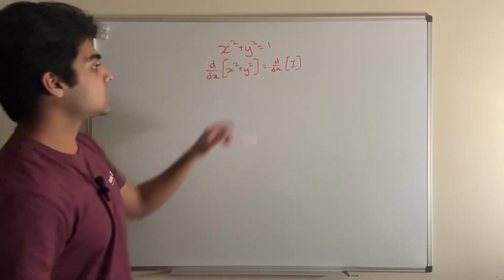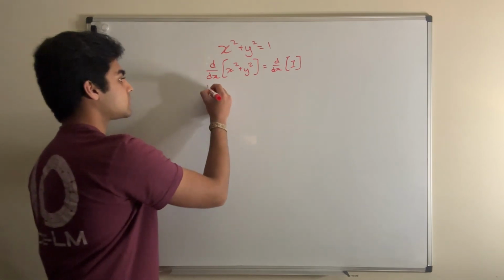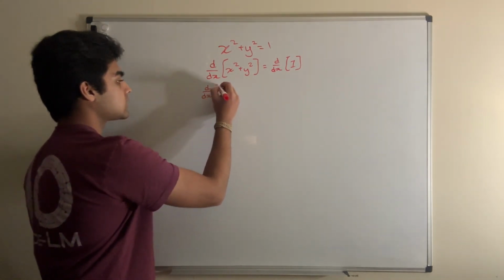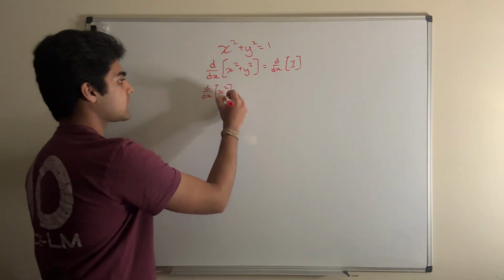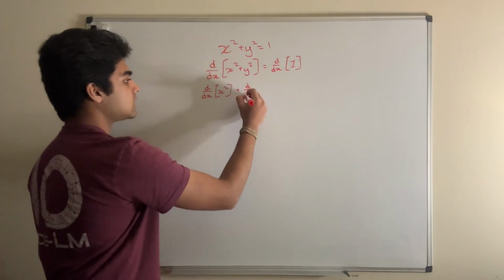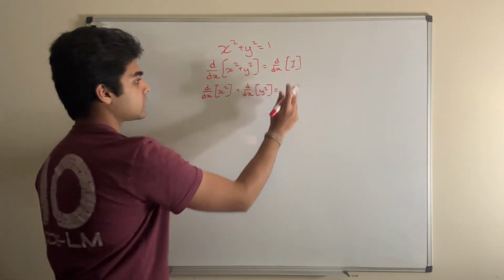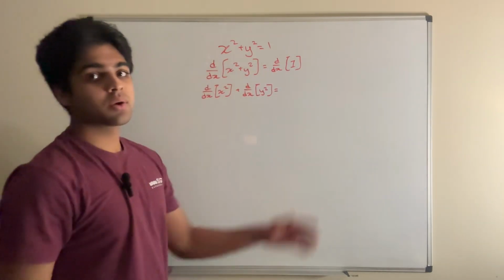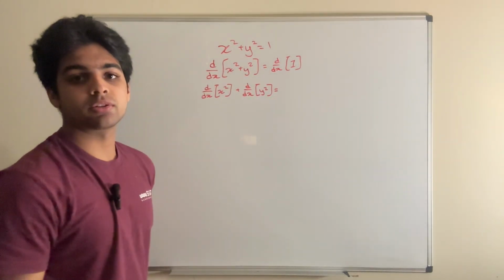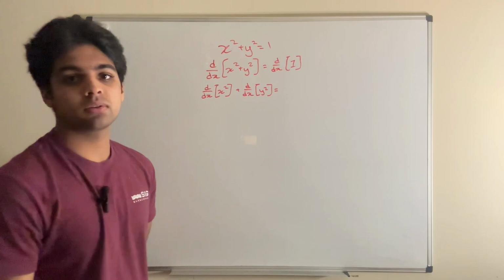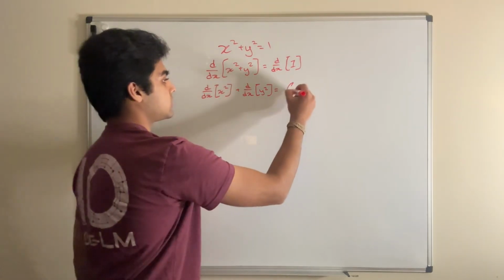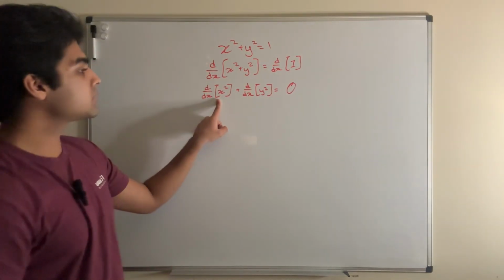Now we can split this up into d dx of x squared plus d dx of y squared equals d dx of 1. We know that's just going to be 0, because the derivative of any constant is 0. So equals 0.